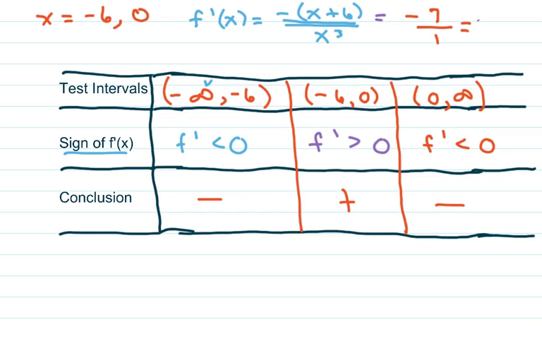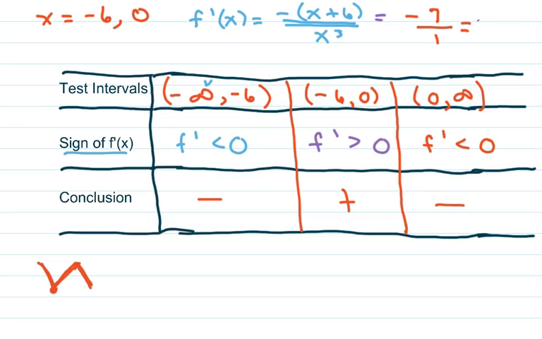So from negative infinity to negative 6, it was decreasing, and then it goes up. So I want to check negative 6, and then after we come back up, we go back down.